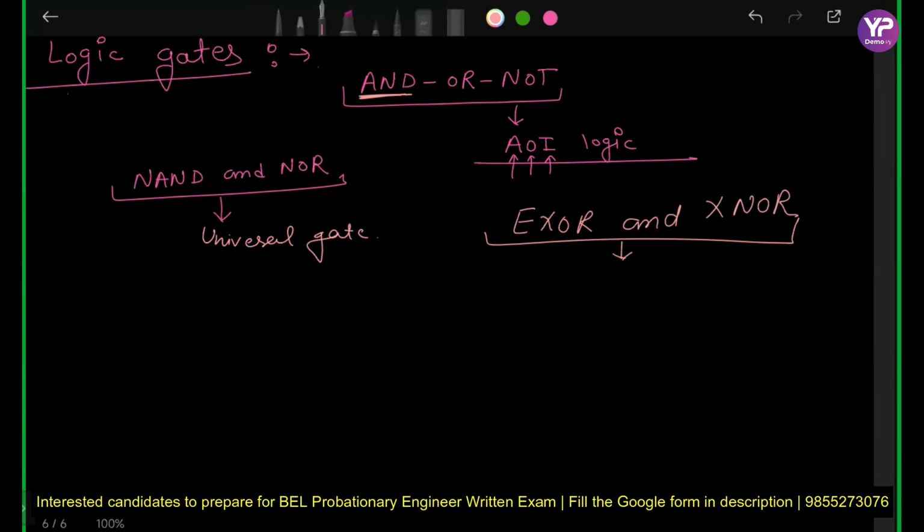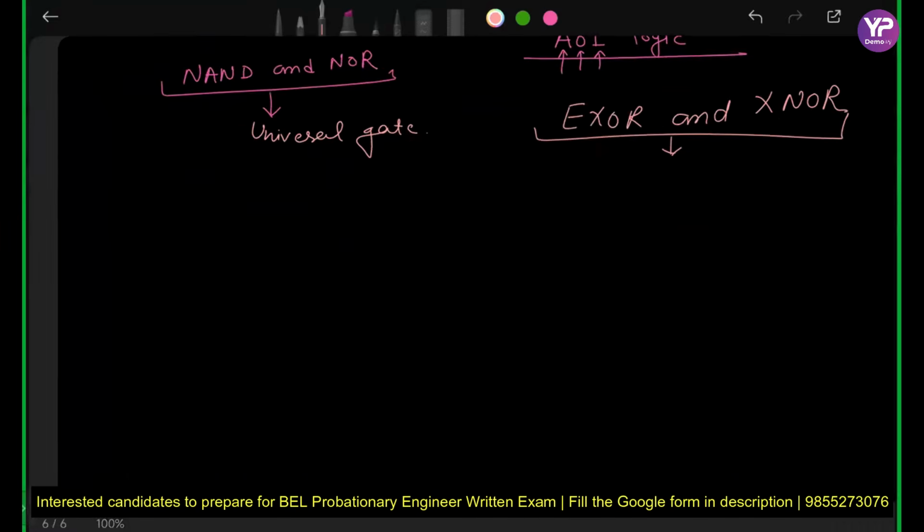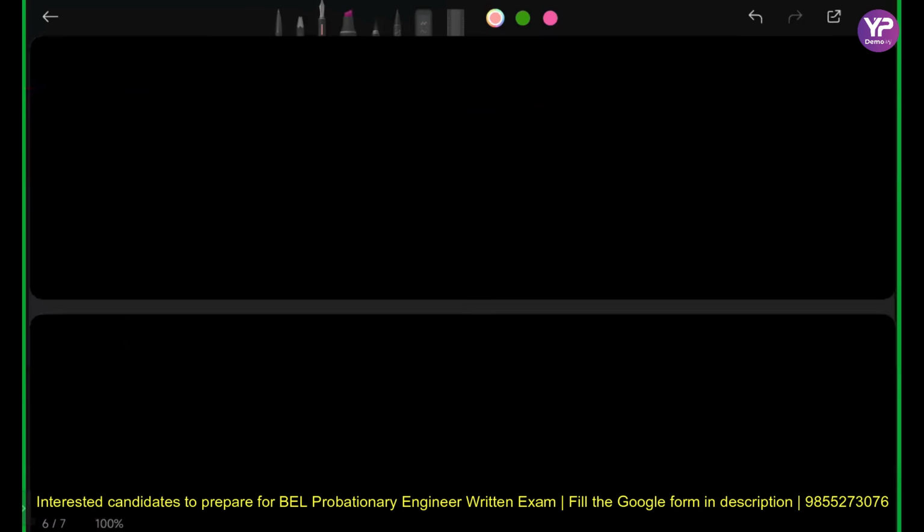So these are the three categories of gates. Now we will start with AND gate.